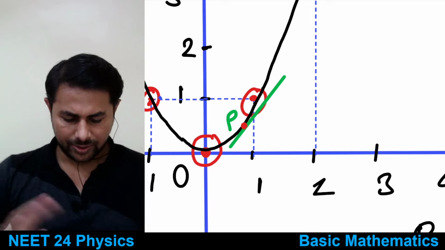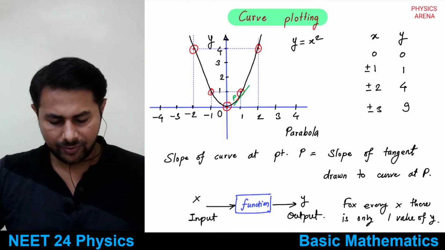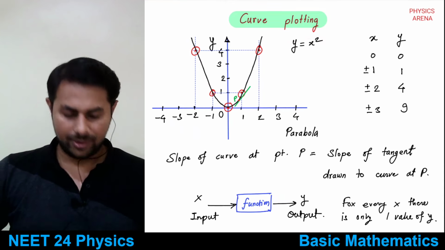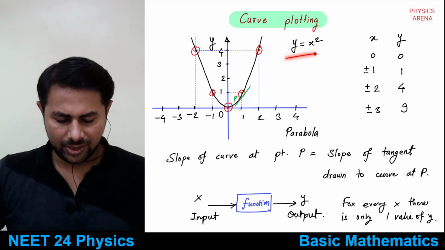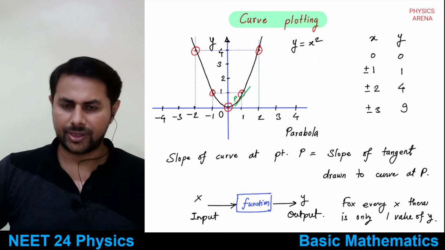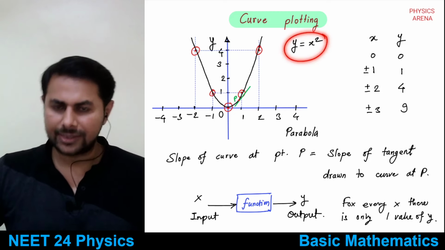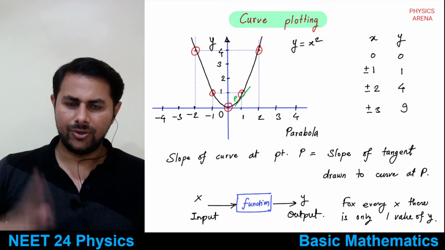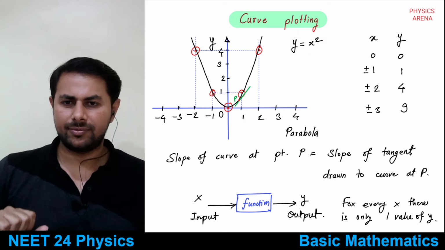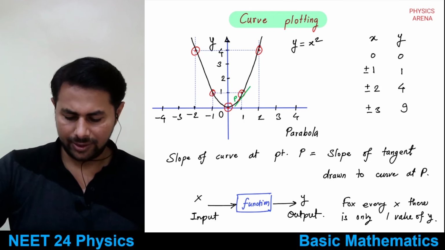Okay, very good. Then each curve will have some equation, right? Each curve will have some equation, and this is known as a function. An equation is known as a function if for each value of x you get only one value of y.